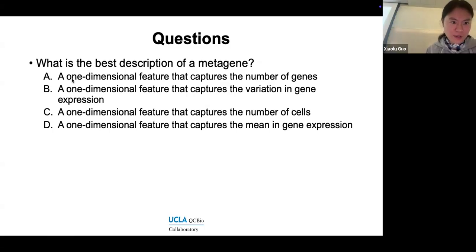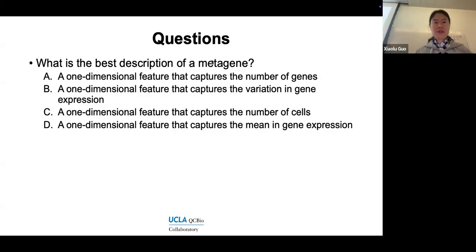A is a one-dimension feature that captures the number of genes, and B is a one-dimension feature that captures the variation in gene expression. As we discussed last time with PCA, the metagene is kind of an analogy for the PC, the principal components, either PC1, PC2, or PC3.